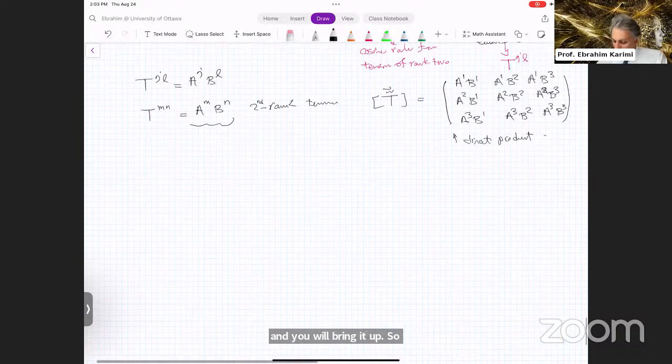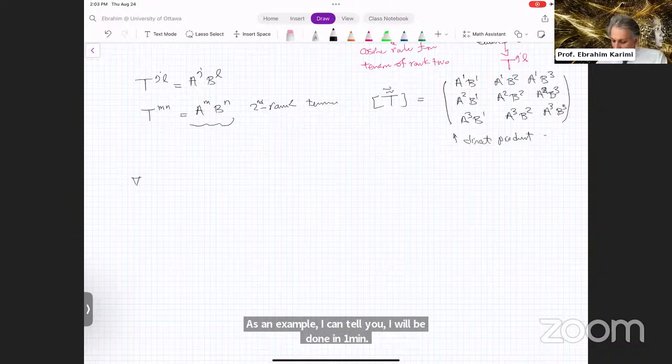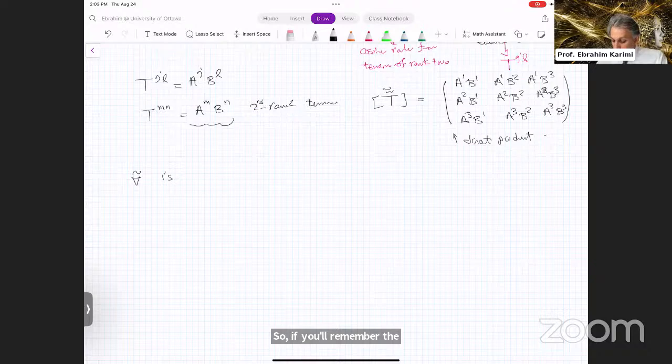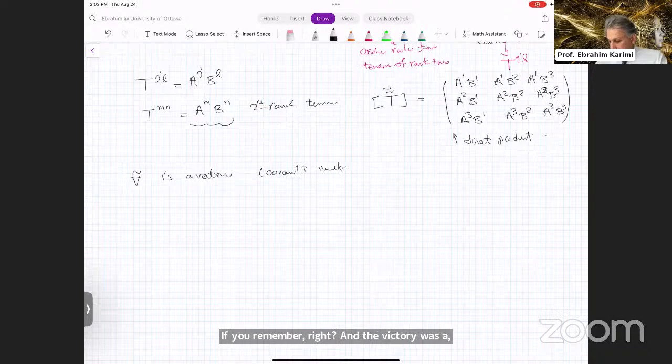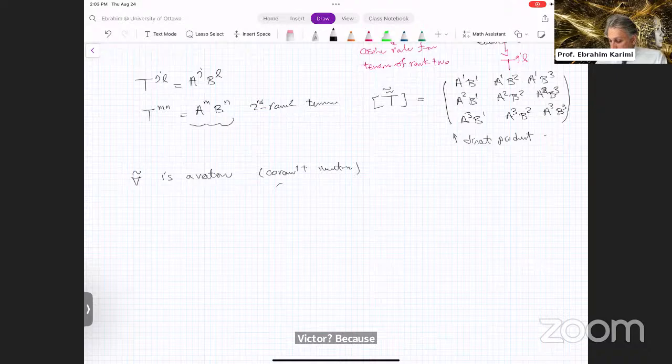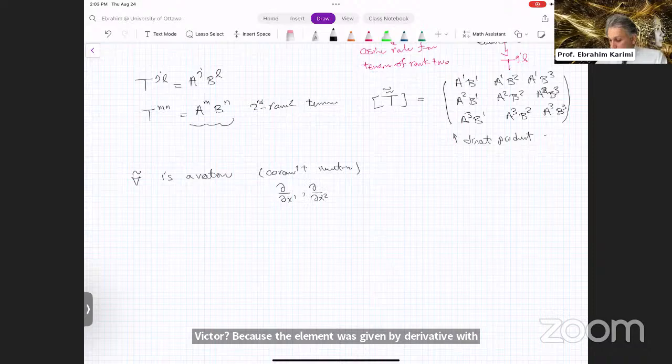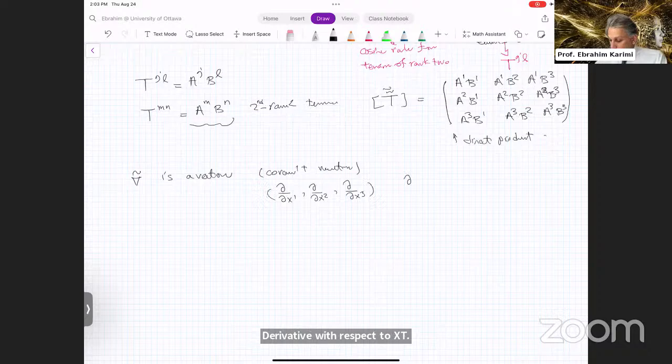As an example, I will be done in 1 minute. If you remember, the gradient is a vector, and it was a covariant vector, because the elements were given by the derivative with respect to x1, x2, and x3. In short notation, people write it as the derivative with respect to i.